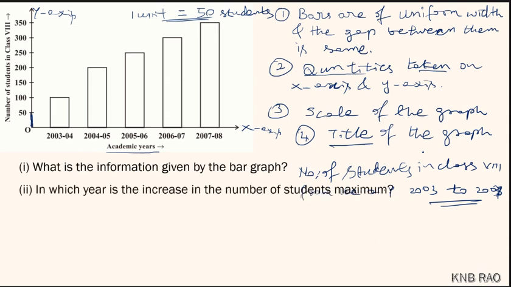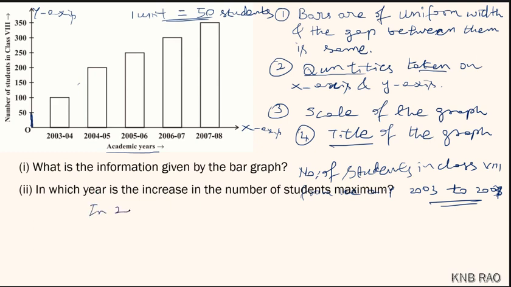Next, in which year is the increase in the number of students maximum? If you see the increase, here the increment is 100, here 50, here 50, here 50. So, in which year is the increase maximum?